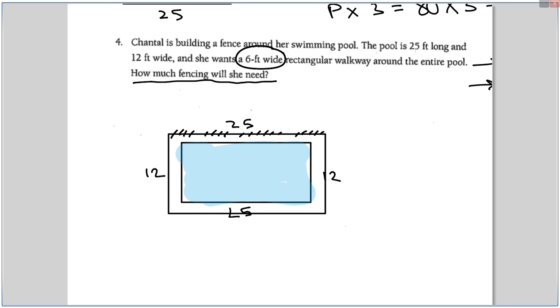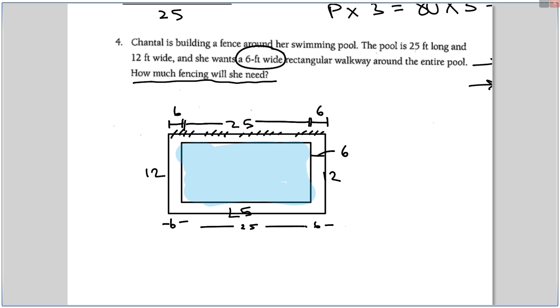6 feet wide. So everywhere is 6 feet wide. So basically it's 25 to there with an extra 6 here and 6 here. So it'll be the same down here. 6, 25, 6.